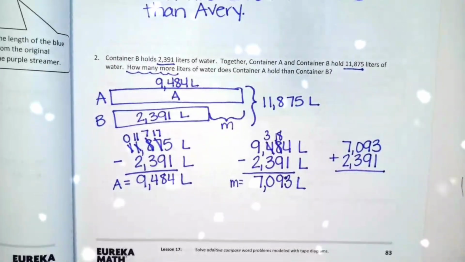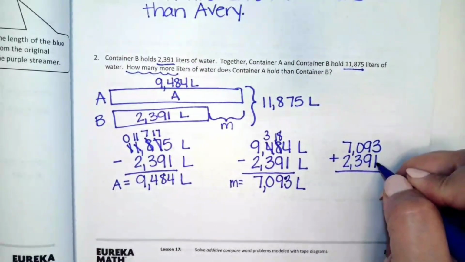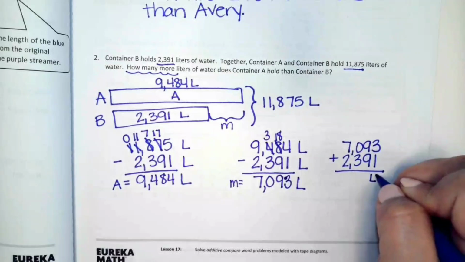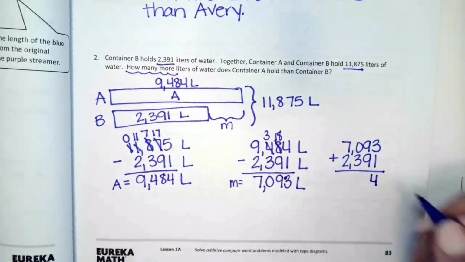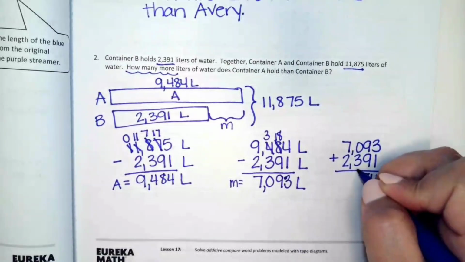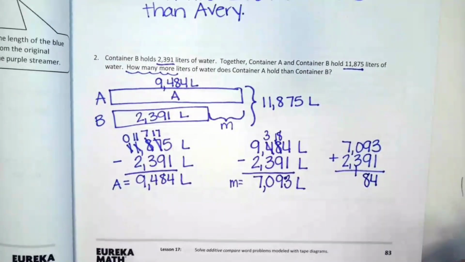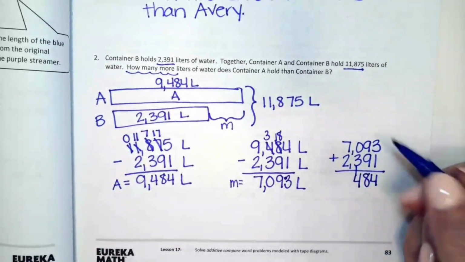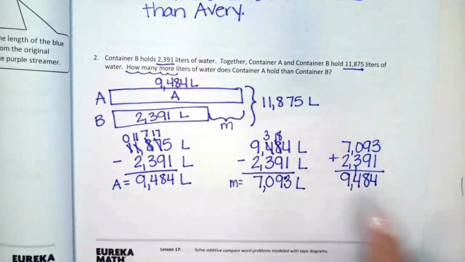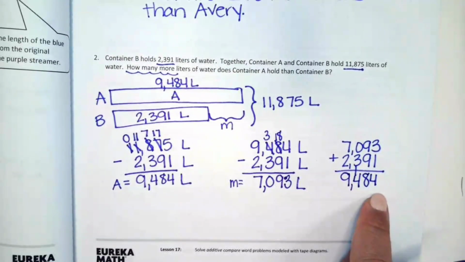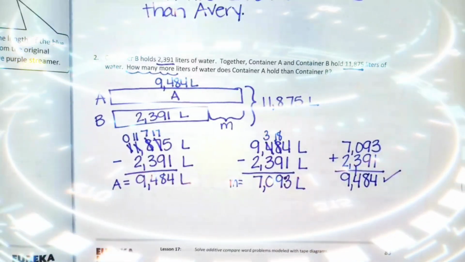Set up your addition algorithm. 3 plus 1 equals 4. 9 plus 9 equals 18. Put down the 8, compose the 10 on the line. 0 plus 3 plus 1 equals 4. 7 plus 2 equals 9. 9,484. Does that match? Yes. So we checked our work.